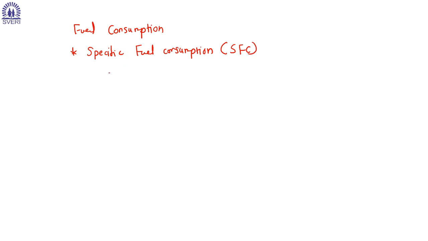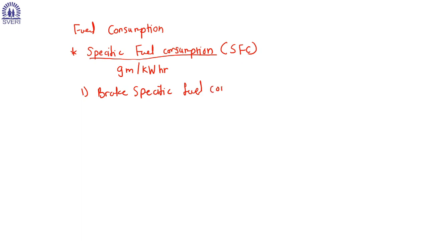This is nothing but the amount of fuel consumed per unit power developed per hour. So this gives you grams of fuel per kilowatt of power per hour. That is your specific fuel consumption. When this specific fuel consumption is based on brake power, we have brake specific fuel consumption, BSFC.